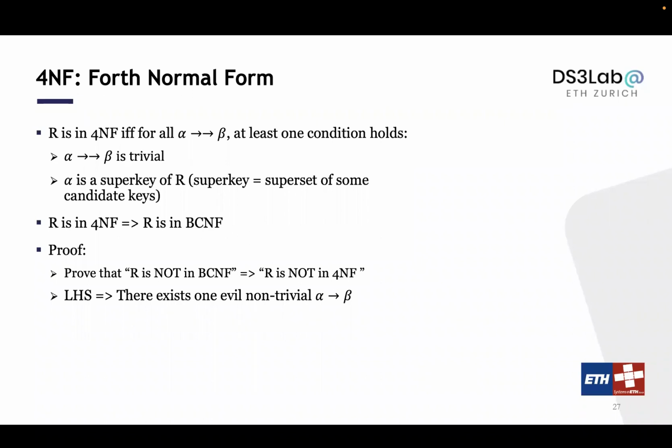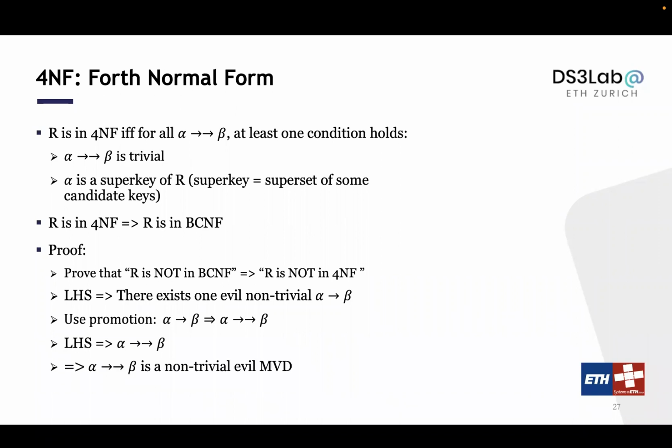I call it alpha to beta. And then by promotion, you say, I know it's alpha to beta, then that implies there's a multivalued dependency from alpha to beta too. And if you look at this alpha to beta multivalued dependency, clearly it is a non-trivial, evil multivalued dependency for fourth normal form, because the conditions for BCNF and fourth normal form are almost the same.